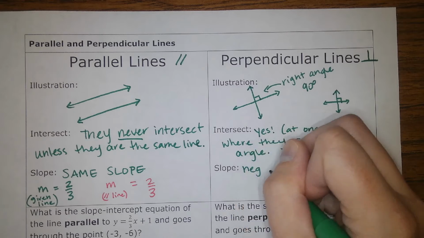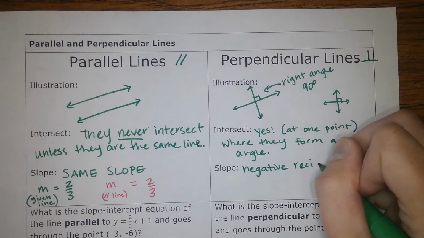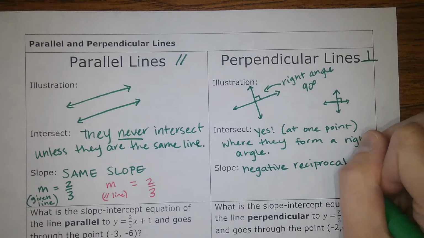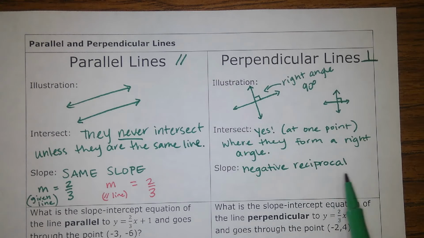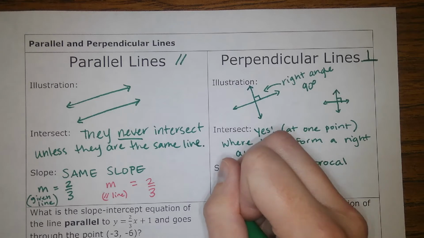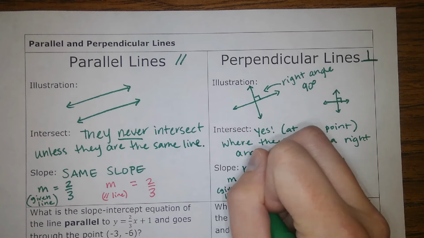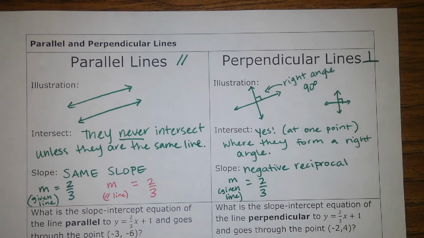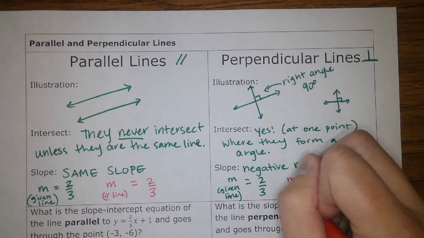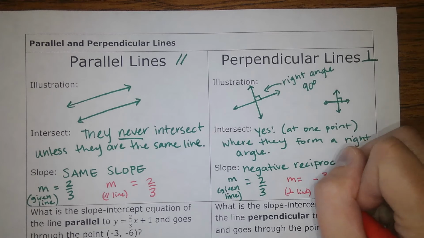And the slope for perpendicular lines, this is kind of a big boy math word right here. The slope is a negative reciprocal, which is kind of a big word. Reciprocal. There we go. So say that 3 times fast. Reciprocal, reciprocal, reciprocal, right? And so that means if the slope of my given line, let's say, again, is equal to 2/3, then the slope of my new perpendicular line would be negative 3/2.